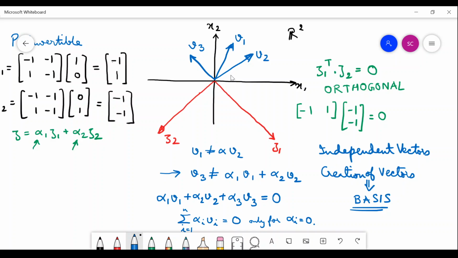Same for v3 and v2. The v1, v2 pair, v1, v3 pair, v2, v3 pair are independent as well as forming a basis of some R2 vector space, all different R2 vector spaces. So I hope you understand the difference between independent vectors and basis.